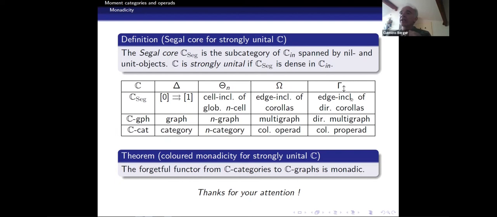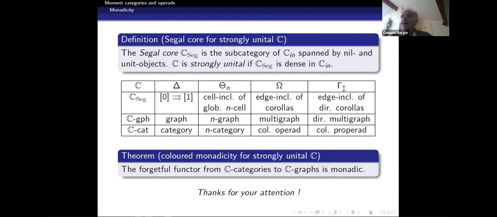Then you can look at presheaves on it. So this is some kind of a graphical notion. For Delta, you get honest graphs. For Theta n, you get n-graphs. For Omega, you get a notion of multigraph with several inputs and one output. And for the graphical category, you get a directed multigraph.